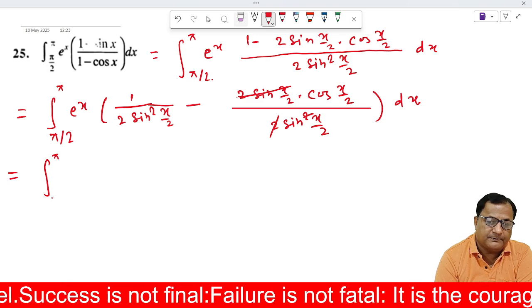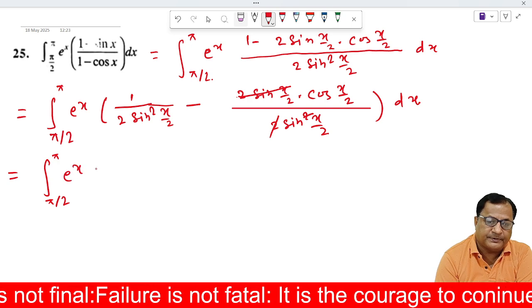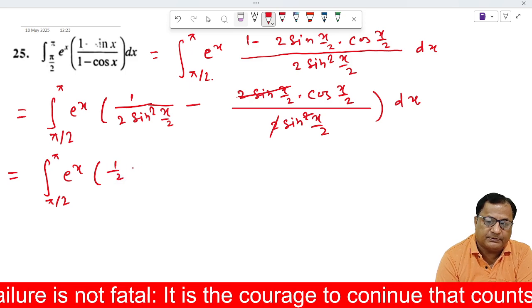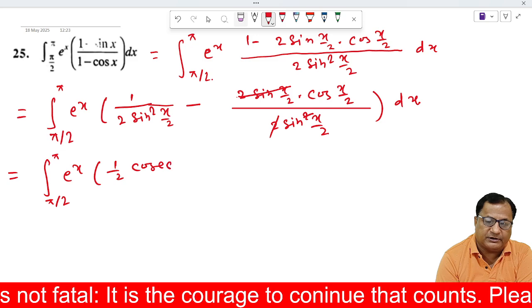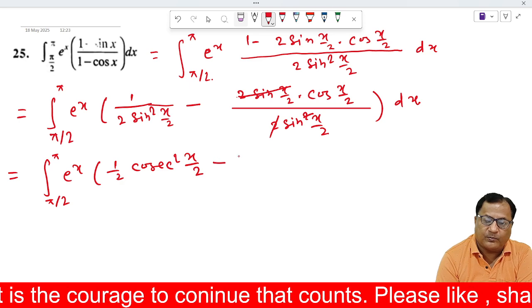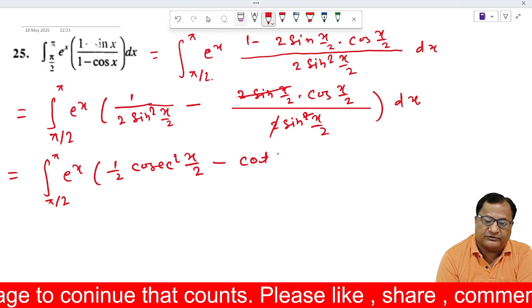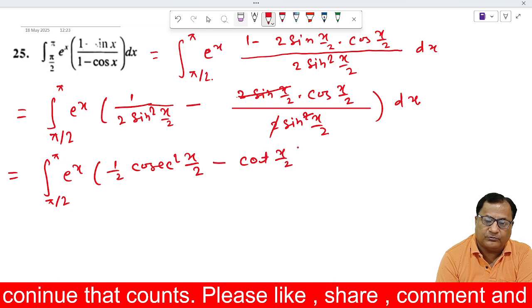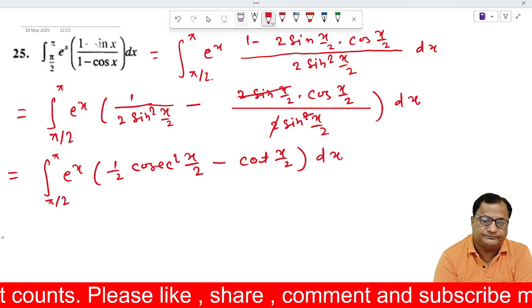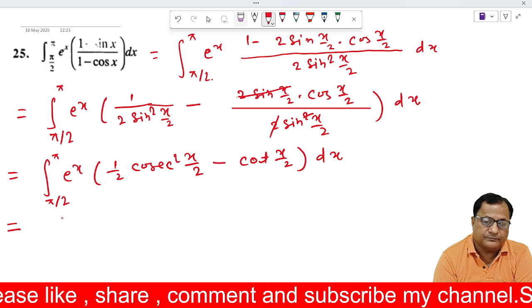So this will be the integral from pi to pi by 2 of e^x times [1 by 2 cosec square (x/2) minus cot (x/2)] dx.